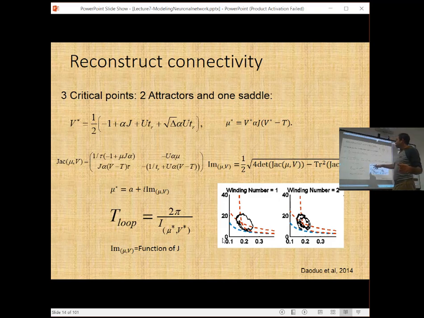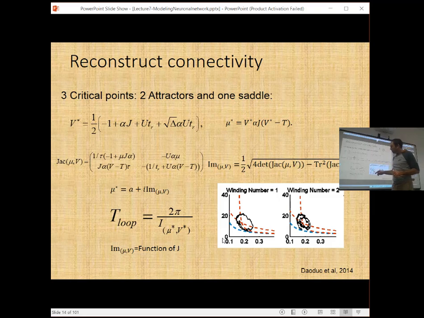It's a way to diagonalize the matrix, it gives you the eigenvalue, and it gives you the imaginary part. And what is very interesting is that the imaginary part depends on the parameters, which is u, a constant, but most important, it depends on J, the connectivity, in a very nonlinear manner that I'm not writing here. I think we wrote it somewhere.